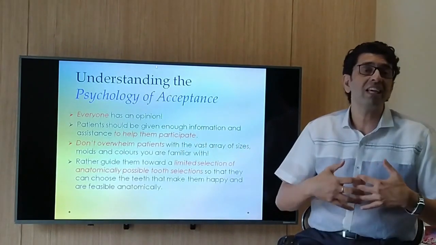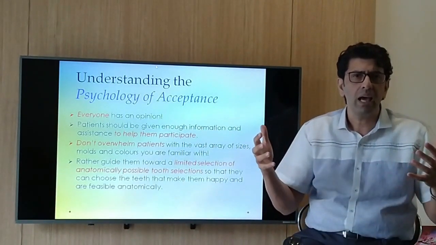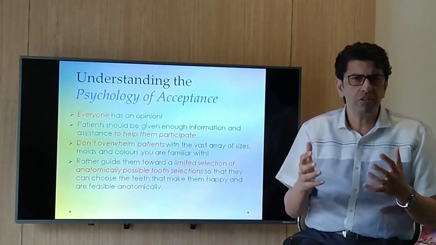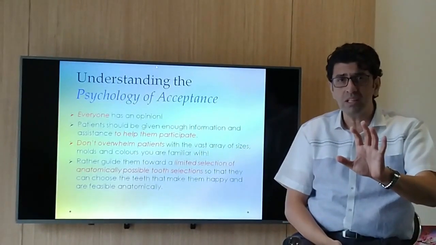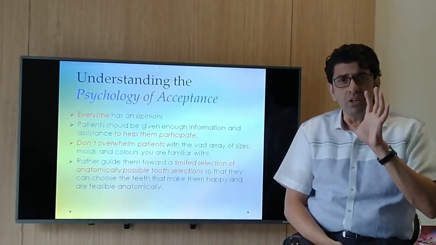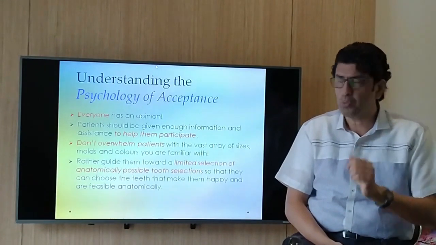Patients should be given enough information so that the patient can actually make an informed decision as to which teeth they prefer. Now, very important is that you understand that the patient must be the one to select the teeth. Okay, I'll tell you why.